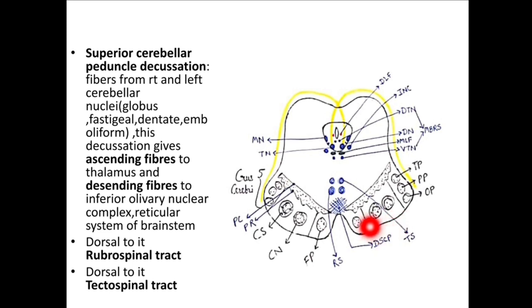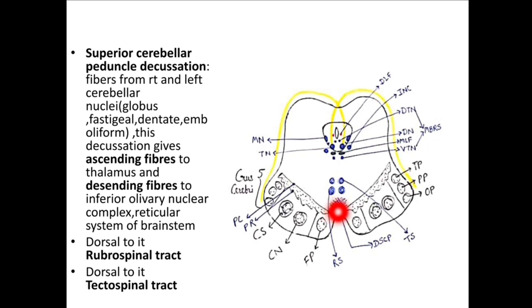Decussation of the superior cerebellar peduncle. Fibers from right and left cerebellar nuclei. Cerebellar nuclei are globose, fastigial, dentate, and emboliform. So, fibers arising from cerebellar nuclei form the superior cerebellar peduncle decussation.